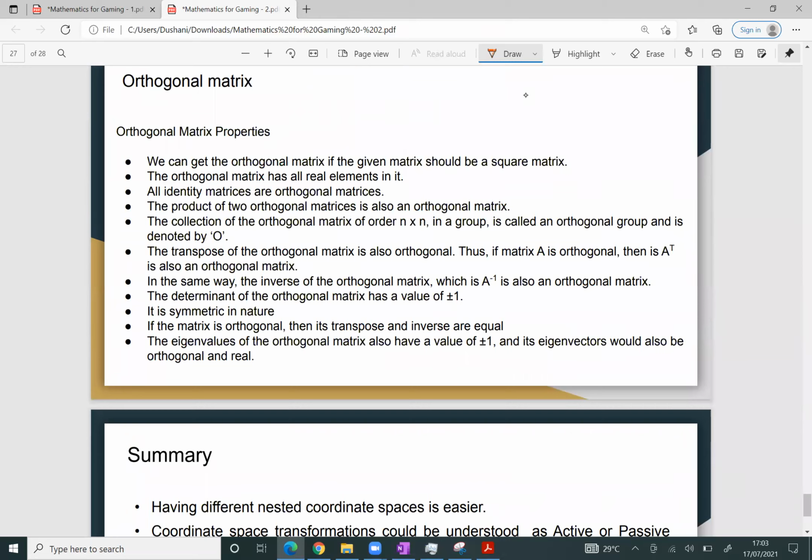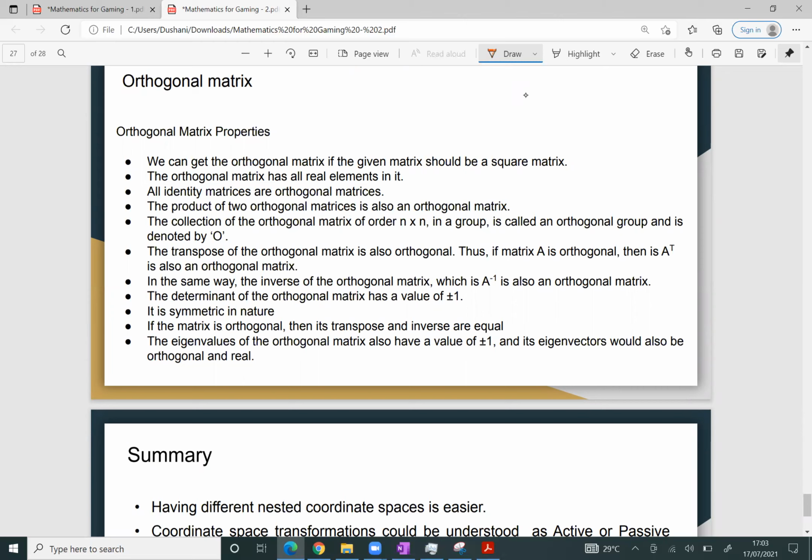So there are several properties of an orthogonal matrix, which I have added here for additional knowledge. We can get an orthogonal matrix if the given matrix is a square matrix, which is to say that we know that a square matrix has an equal number of rows and columns.